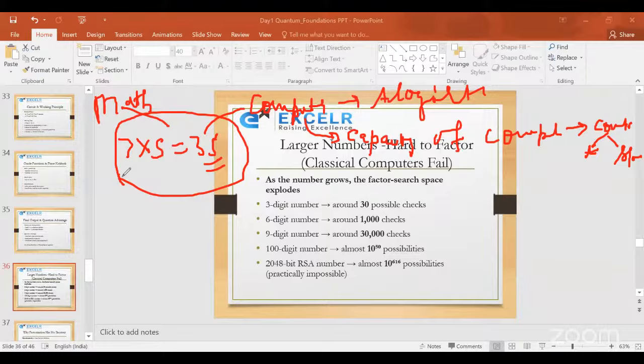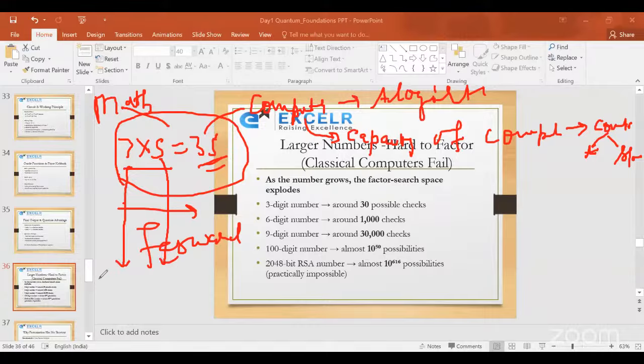So what I'm saying is, suppose you are multiplying 7 into 5, giving 35. In this multiplication process, which I'm calling a forward process, if you go from a smaller to a bigger number, suppose you are multiplying 1034 and 3451, this multiplication is also very easy.